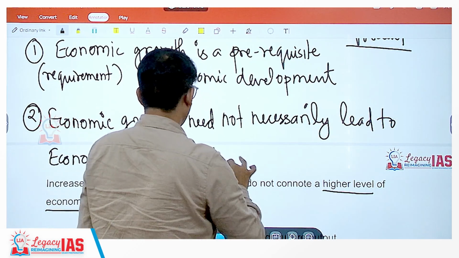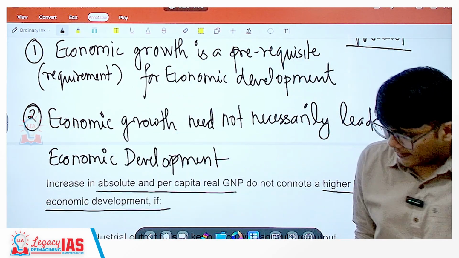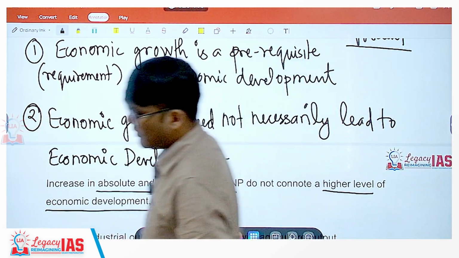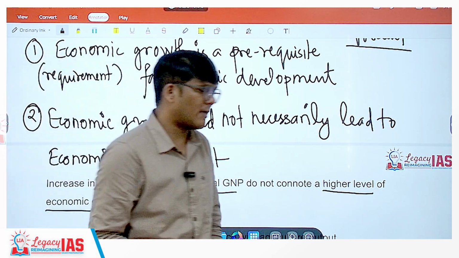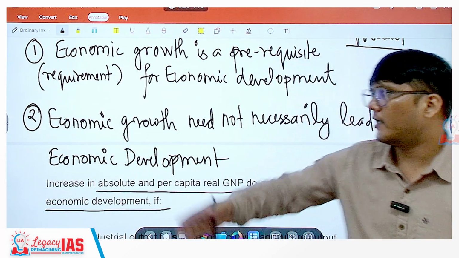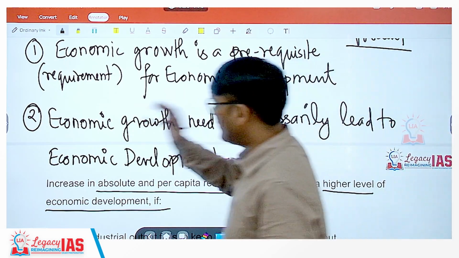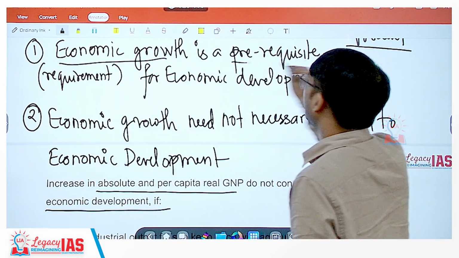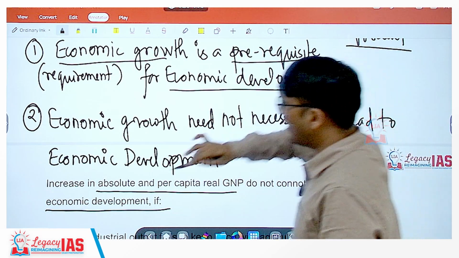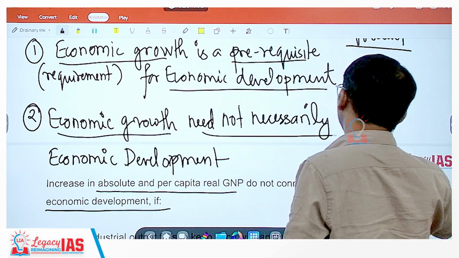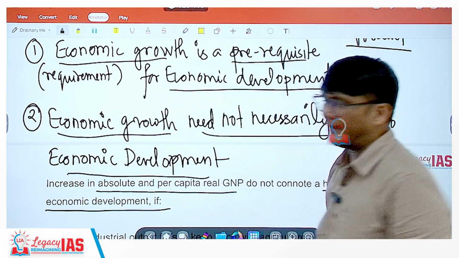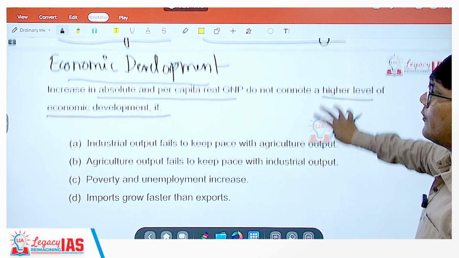For example, economic growth is there, but you are not providing any respite to the poor, no scheme for poverty eradication, no scheme for employment, no scheme for literacy, then it will not lead to economic development, correct? So remember these two lines: economic growth is a prerequisite for economic development, but economic growth need not necessarily lead to economic development. Having said that, let's look at the question.